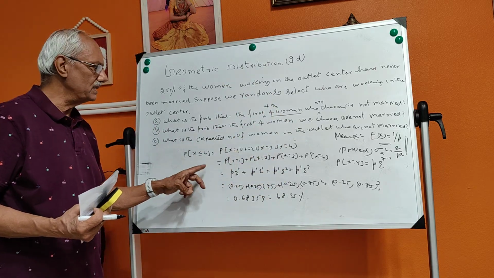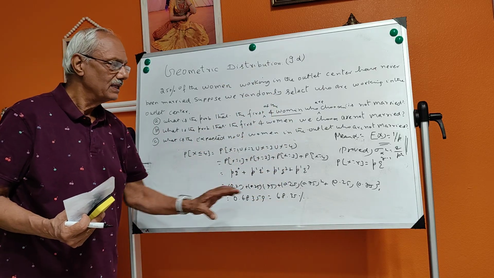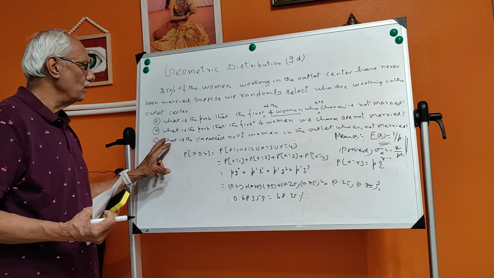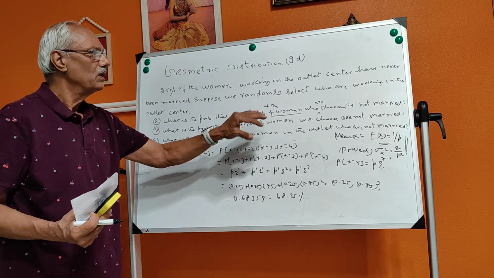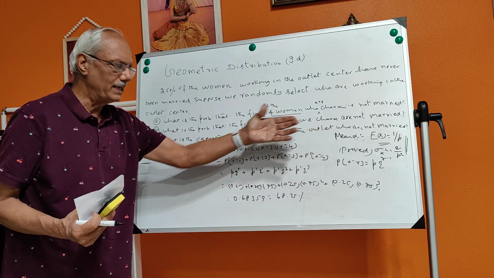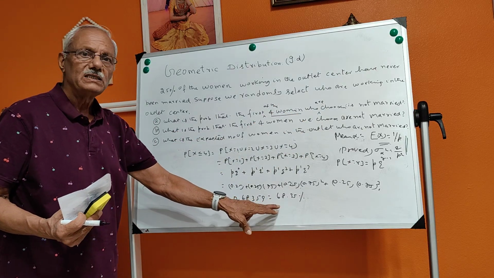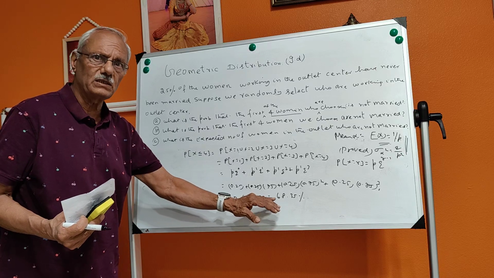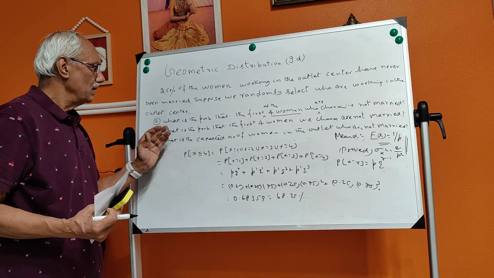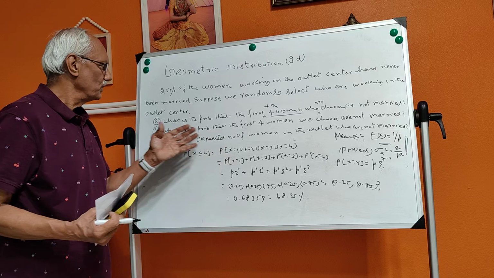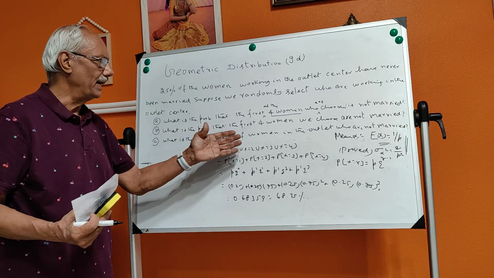These things happen if it is less than or equal to 4, and you get 0.68359. That means there is a 68.35% chance that the 4 women that we choose are not married.